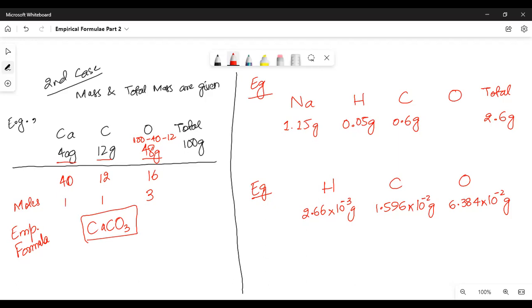Just for your ease, this is a case 2 question and this is a case 1 question. Wherever a total is given instead of all the masses, it's a case 2 question. And wherever all the masses are given and there is no total to worry about, it's a case 1 question. Since we have learned to solve them differently, I hope you will be able to get them right. Good enough? Yes, sir. Great.